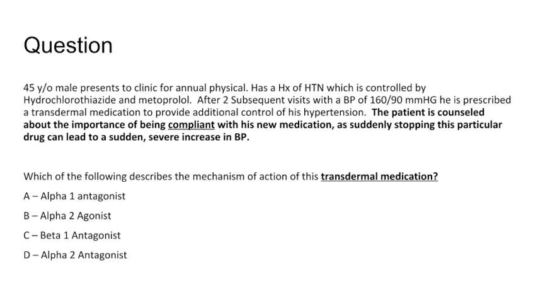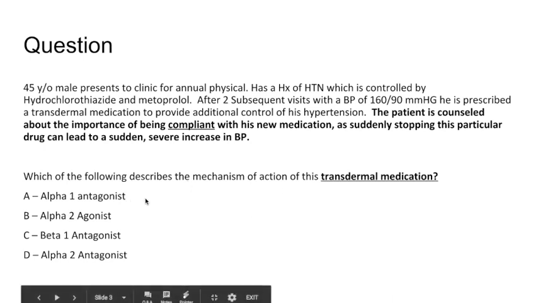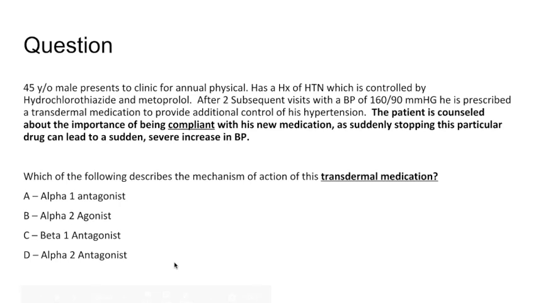Which of the following describes the mechanism of action of this transdermal medication? A, an alpha-1 antagonist; B, a beta-2 agonist; C, a beta-1 antagonist; or D, an alpha-2 antagonist? I'll give you a few seconds to try to figure out what you think it is.